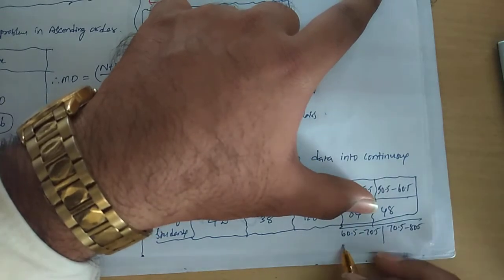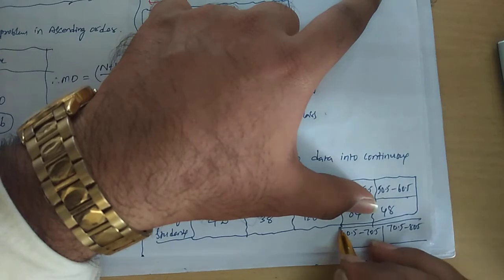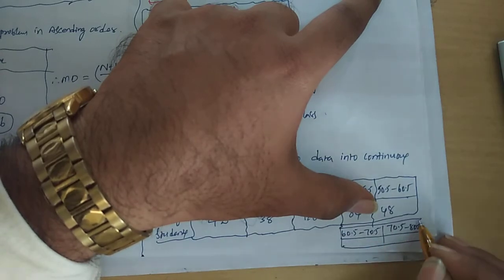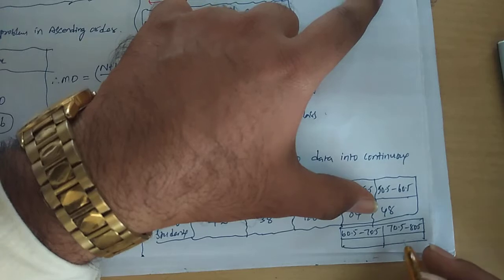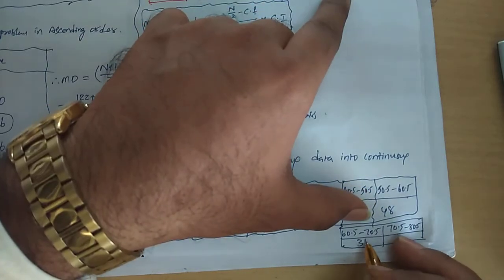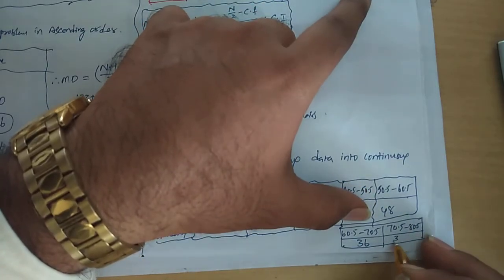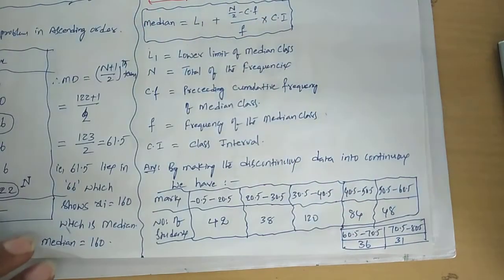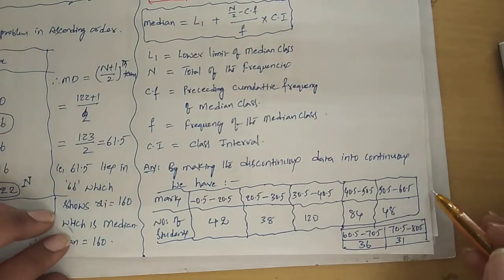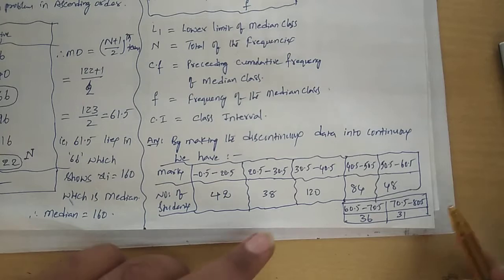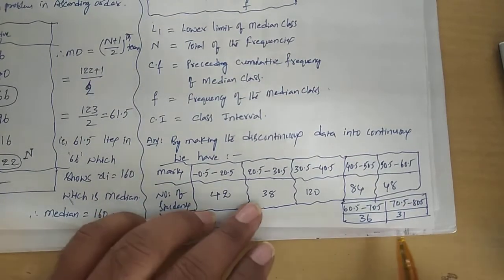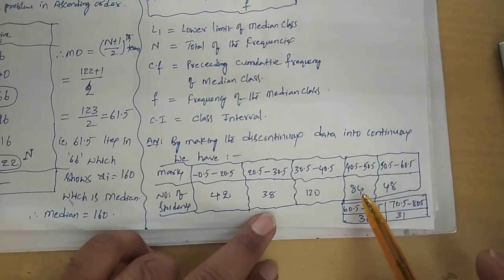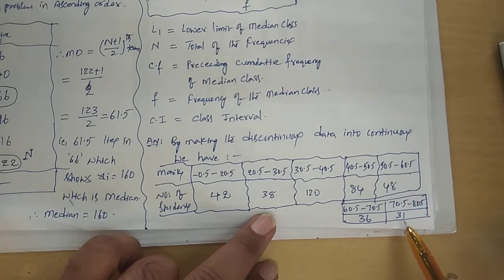So this is the last set of values. So what are the frequencies going to be? 36, 31. Space is not there, so I adjusted here because if I discontinue the table you will be disturbed. Now 84, 48, again 36, 31.